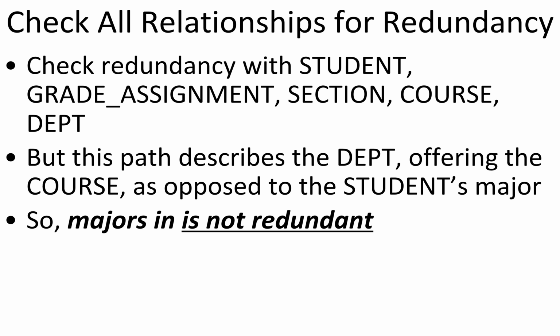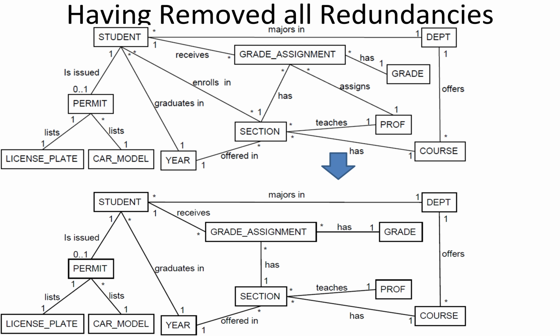So not all cycles are necessarily redundant. Be careful, it depends on the question that you're asking. Check all the relationships for redundancy, following an exhaustive search through each one of the paths, and some of them are not redundant.